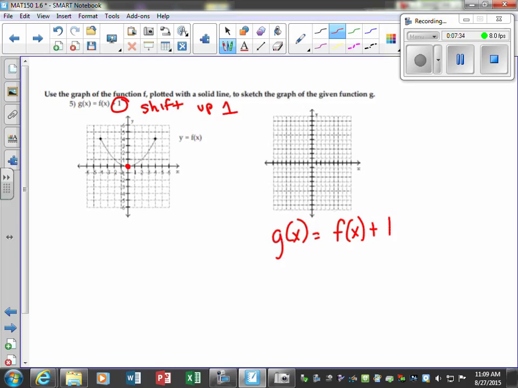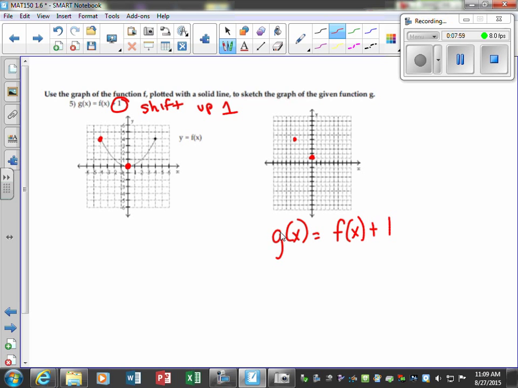So any ideas on shifting this thing up 1? If I look at this, I'm going to pick particular points. So 0, 0 is the easiest one. If I come over here and shift up 1, that will put me here. This is the point, what's that? Negative 4, 4. And if I shift it up 1, negative 4, 4, shift it up 1.